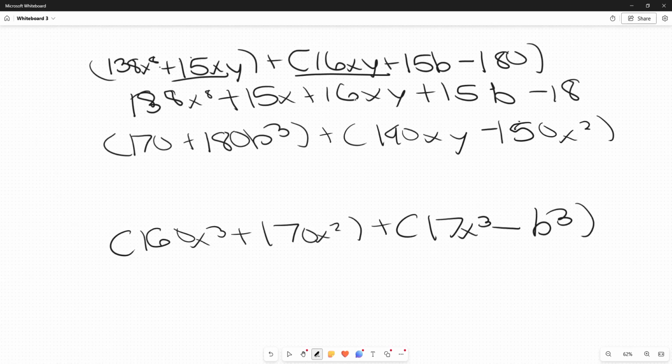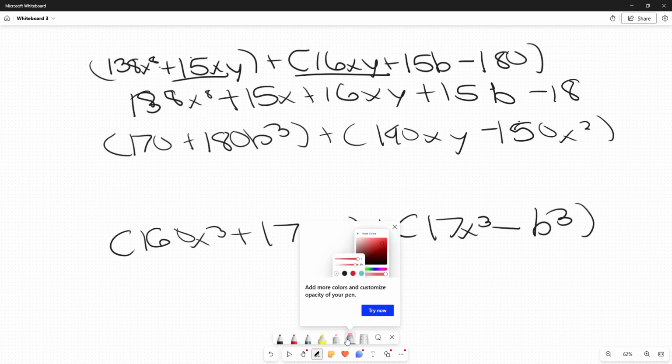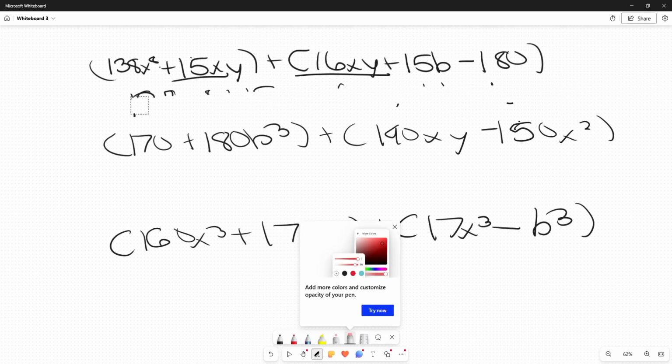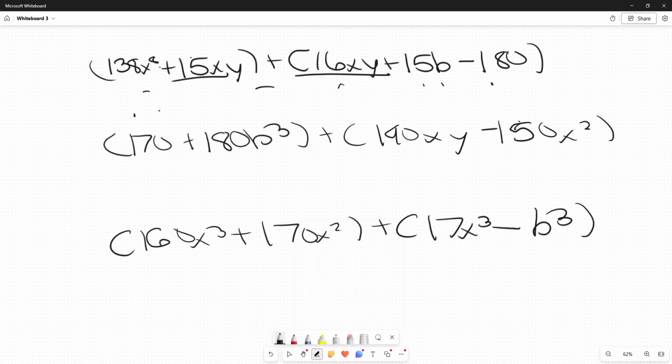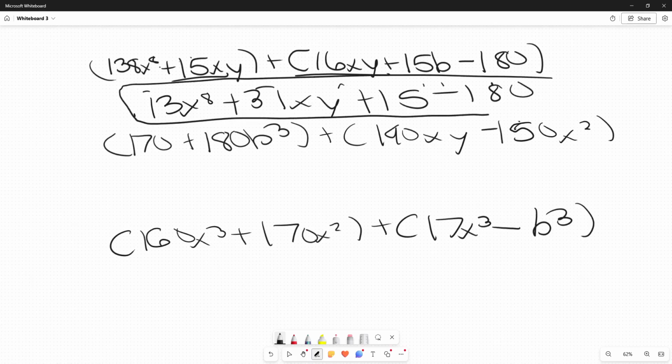So the final answer would be 31xy. So 138x to the power of 8 plus 31xy plus 15b and minus 180. That's your final answer over there.